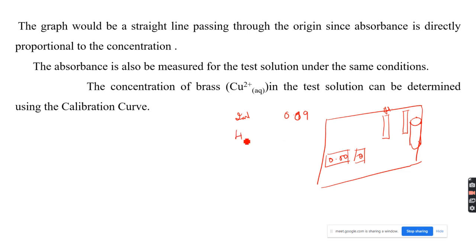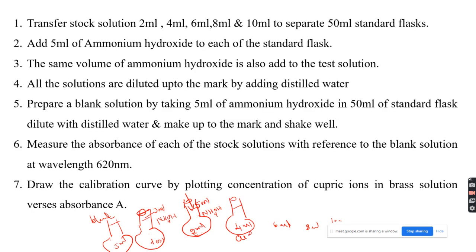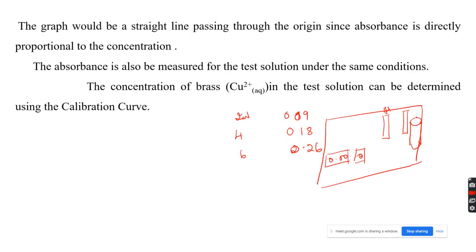Then we'll introduce the solution which contains 4 ml, maybe 0.18, 6 ml, 0.26, like that we'll measure the absorbance of each solution against blank. Each time we'll standardize the instrument and we set the wavelength at 620 nanometer. Then we'll get a series of absorbances for the standard solutions.